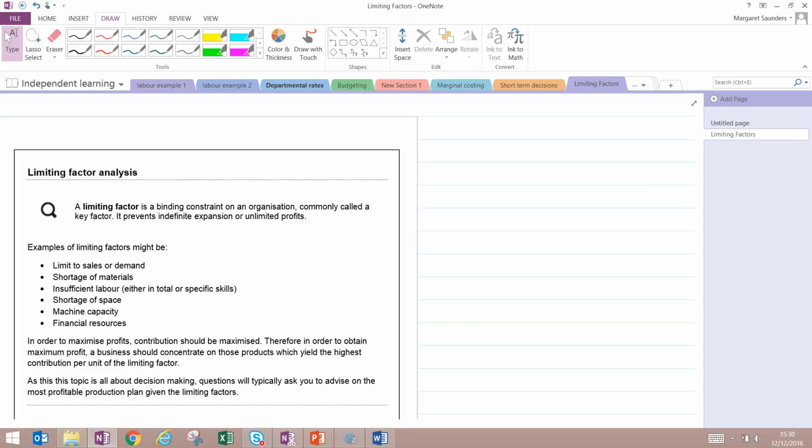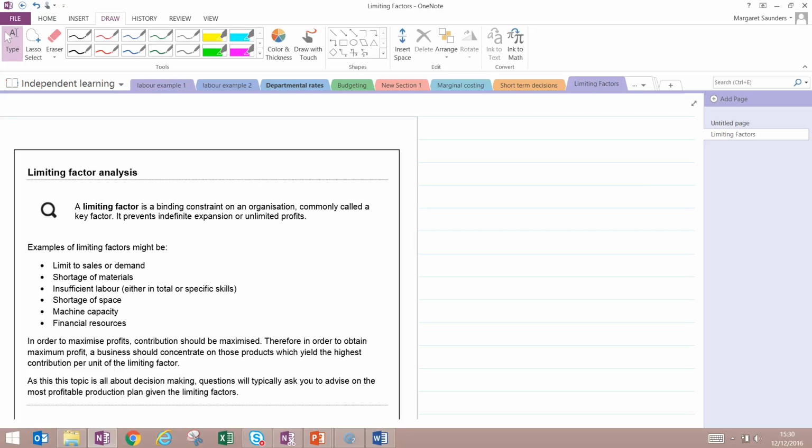It may be a shortage of space, so they can't make as many products as they would like because they have nowhere to store them. It could be machine capacity, or it could be financial resources. But whatever the limiting factor is, an organisation is always going to want to maximise their profits.